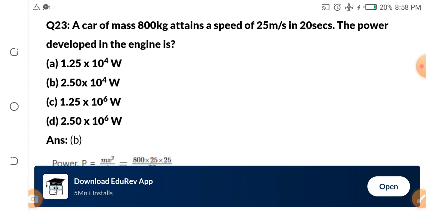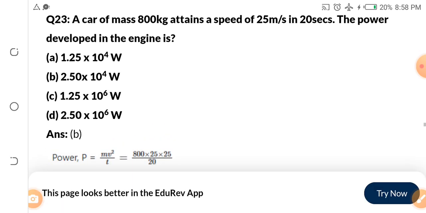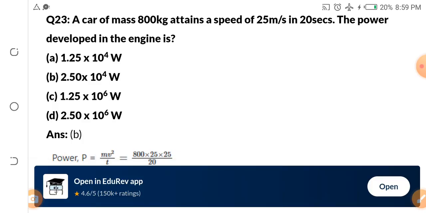Now look at this question. A car of mass 800 kg attains a speed of 25 meters per second in 20 seconds. The power developed in the engine is dash. Power is mass times velocity squared over time. We have our mass as 800 kg and our speed as 25 meters per second.